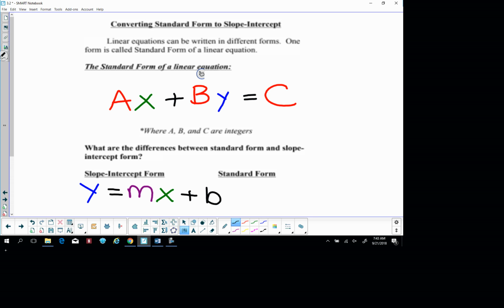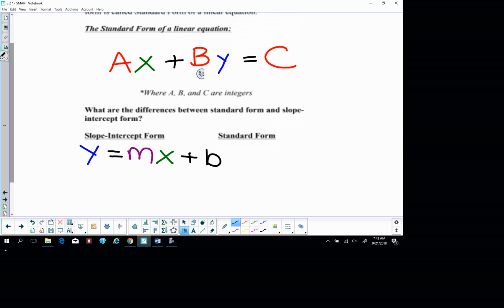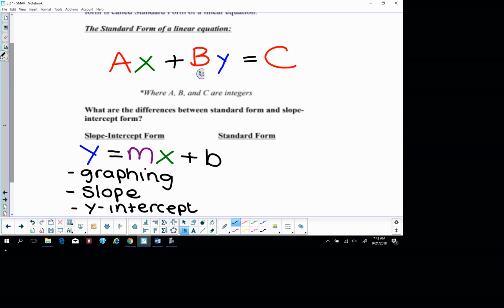But slope intercept form, the point of that, you want it that way if you're graphing, usually. And we'll get to graphing in a little bit. You also want it if you're asked for the slope and the y-intercept. That's when it's easiest to get it in slope intercept form.